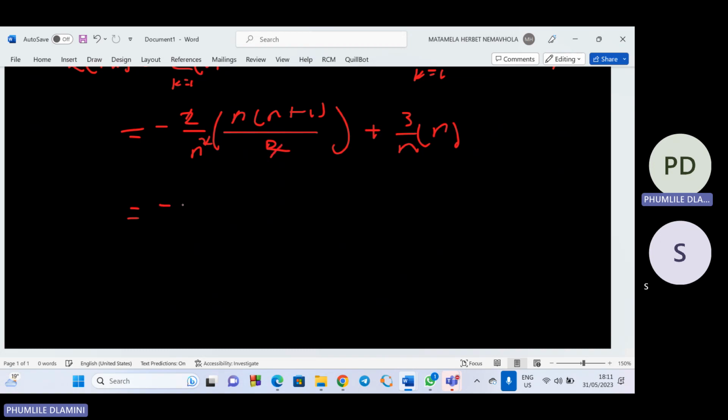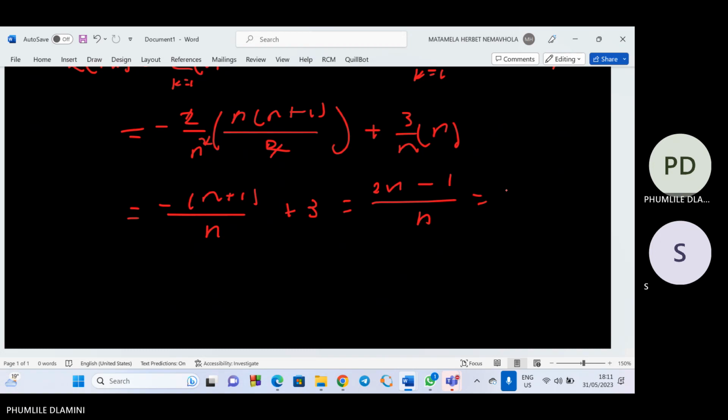You're going to be left with minus n plus 1 over n plus 3. So if we work it out, it's going to be minus n minus 1, which is going to give us 2n minus 1 over n, which is going to give us 2 minus 1 over n. So we just found our L of Pn.